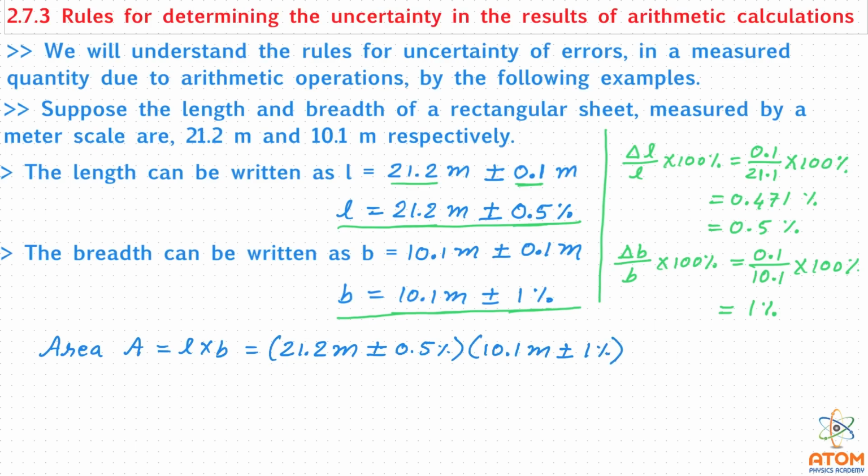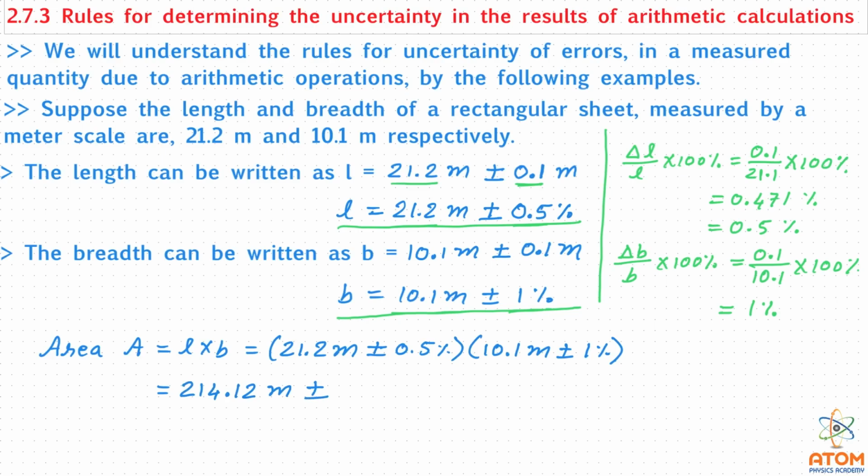When I multiply 21.2 with 10.1, I'll get something like 214.12 meter plus or minus.